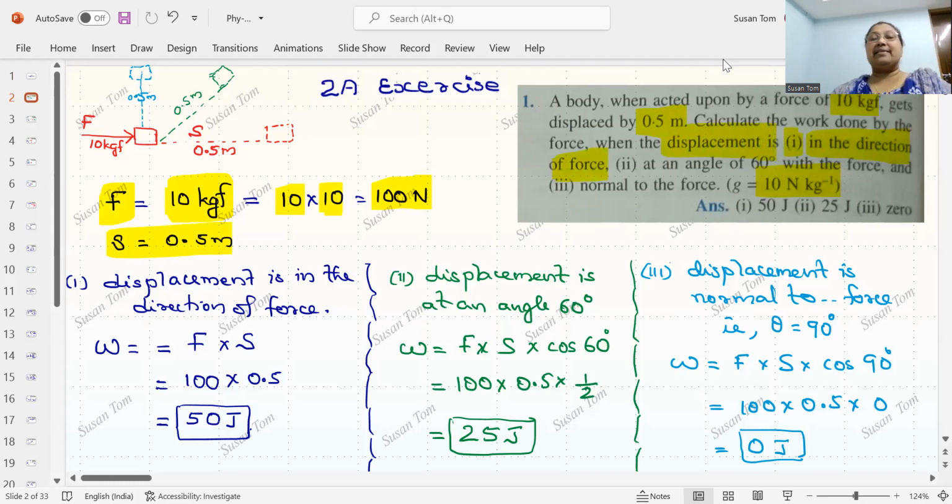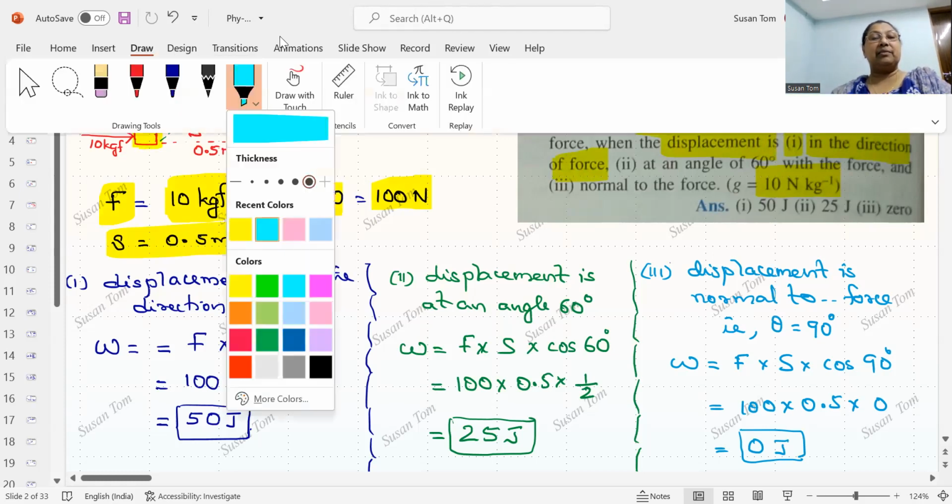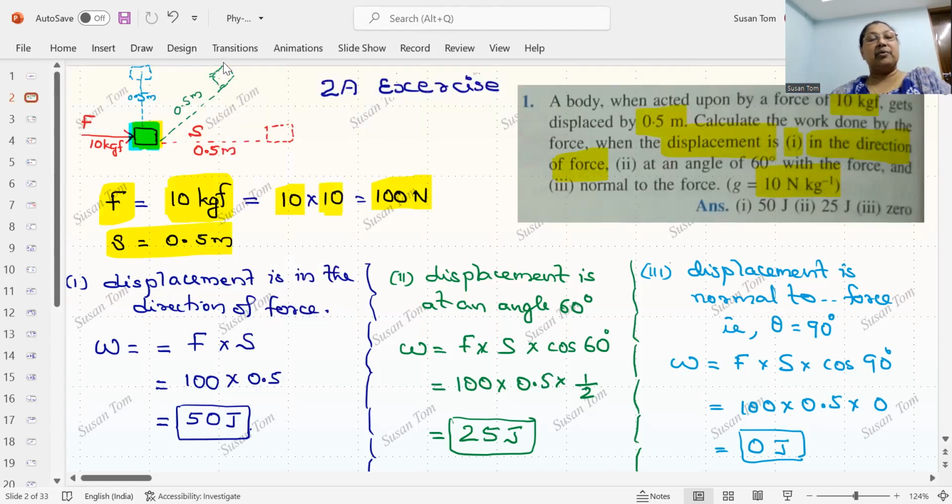Look at the diagram. This is the body. In the first case, the force of 10 kgf is in the direction in which it is being displaced. So displacement 0.5 meter is in the direction of the force.